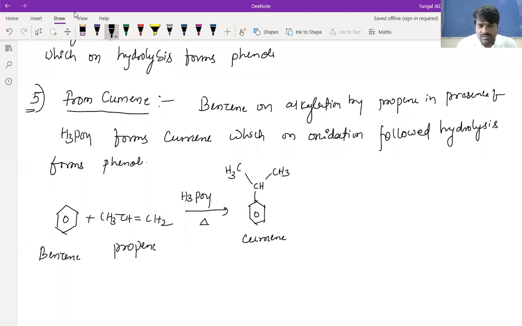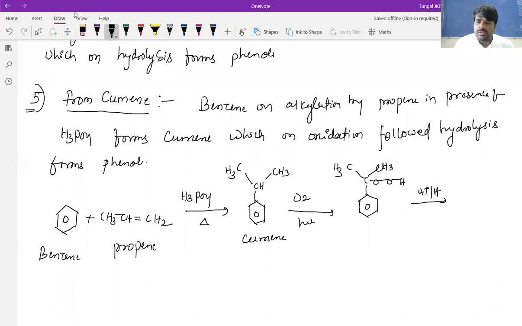This cumene on reaction with O2 in presence of light will form a peroxide intermediate, which is on hydrolysis, see what happens.